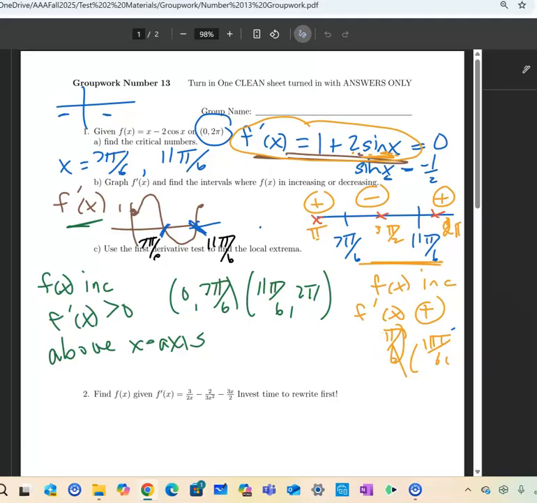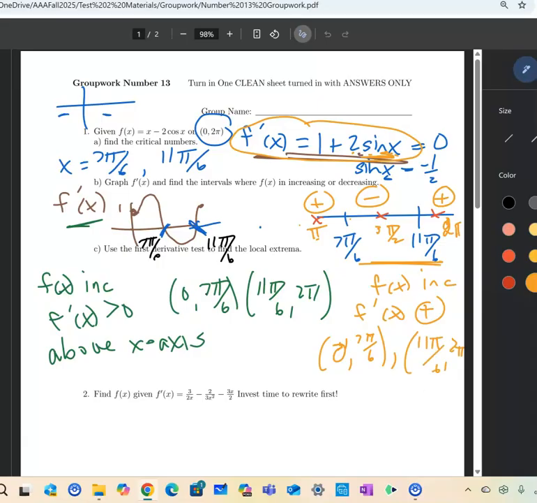Sorry, my pen is not working so well. So let me try that again. 0 to 7 pi over 6, comma, 11 pi over 6 to 2 pi. Okay, so that's when it's increasing and decreasing.